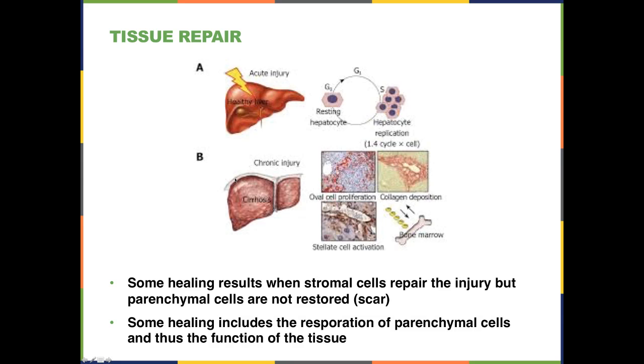So what this shows is two types of injury to the liver. If you have an acute injury to the liver, the hepatocyte is capable of replicating. And when the hepatocyte replicates, it can form new liver that functions. And so this is healing without a scar.